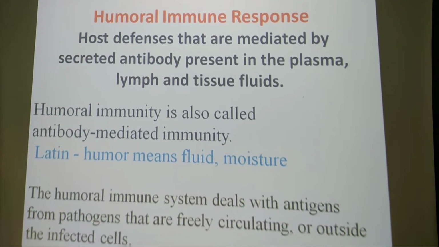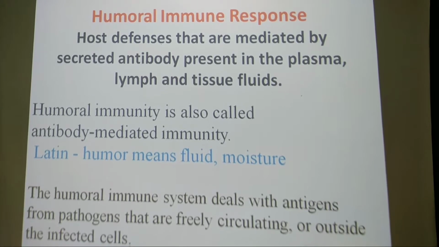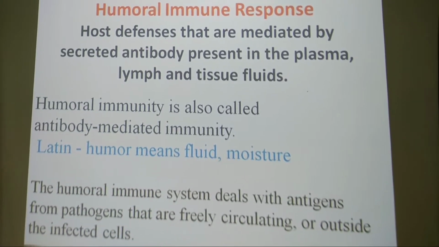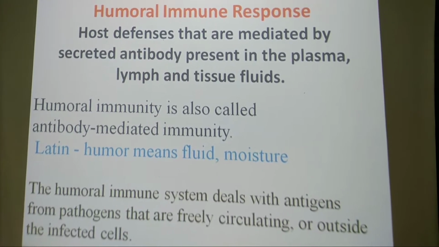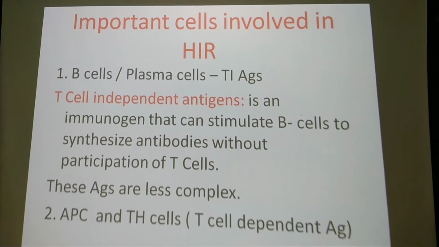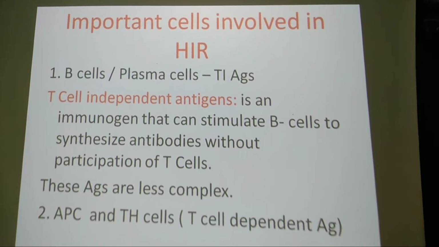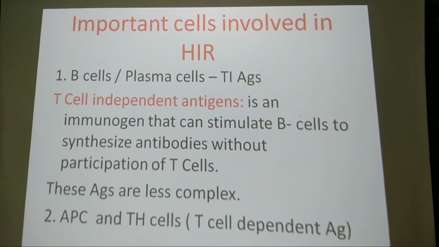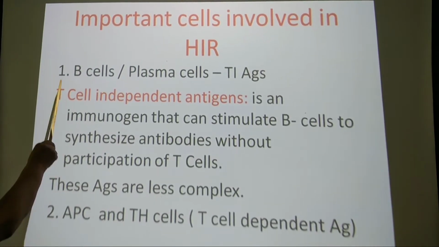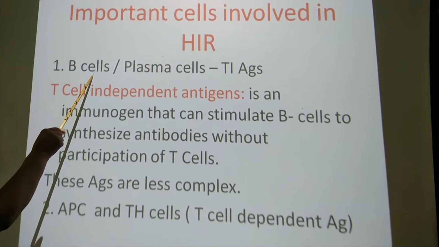The humoral immune system deals with antigens from pathogens that are freely circulating or outside the infected cells. So now we shall see what are the important cells involved in initiating humoral immune response. The first we have here the B cells.